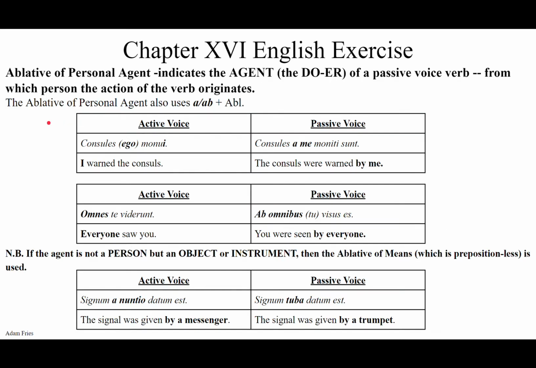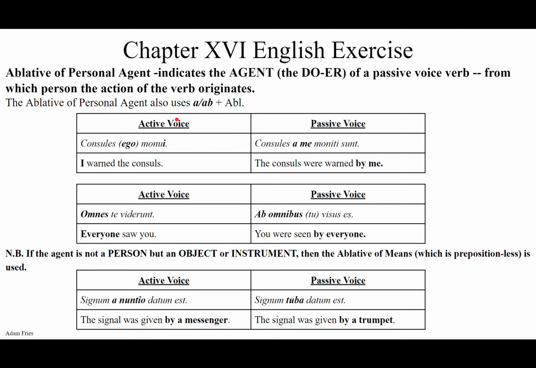Along the same lines of thought, we use the ablative of personal agent if the verb is passive voice, and we use the preposition ab to indicate the agent, that is, the doer of a passive voice verb. Like the ablative of separation, we use the preposition ab, and it shows from where the action comes.